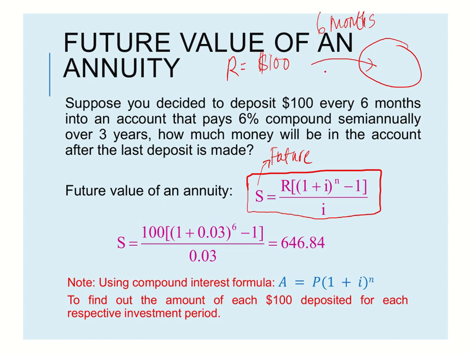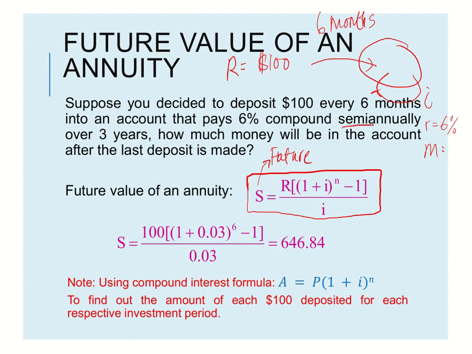So the bank is paying 6%. So besides this $100 payment, another type of income from this account will be the interest. The bank is paying the interest, 6% per year, and it's compounded semi-annually.